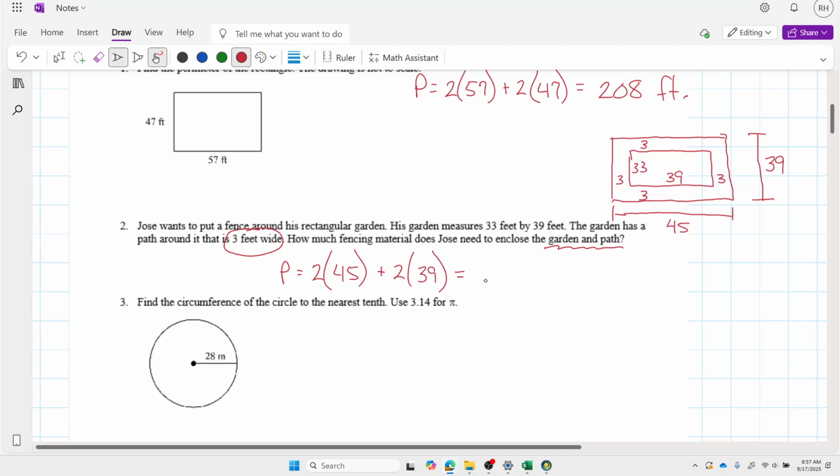Yes, what you got? 168. That's what I got. Thank you. 168, and everything is in feet. It's important that y'all do these calculations while we're doing the notes to make sure you're pushing the right buttons in the right order and that we're all getting the same answers.